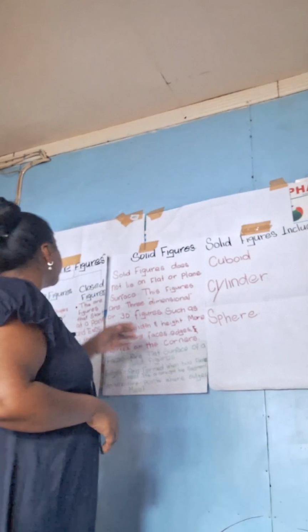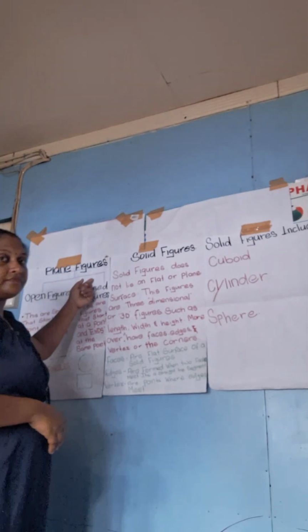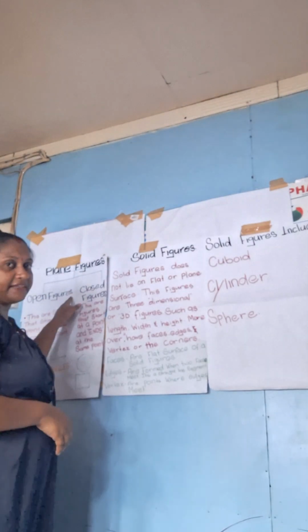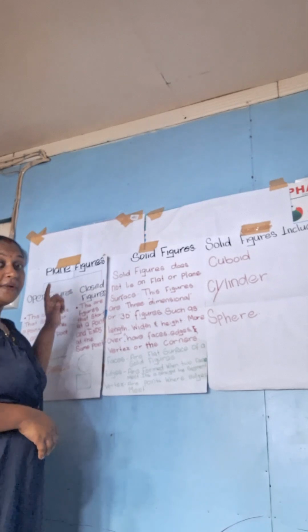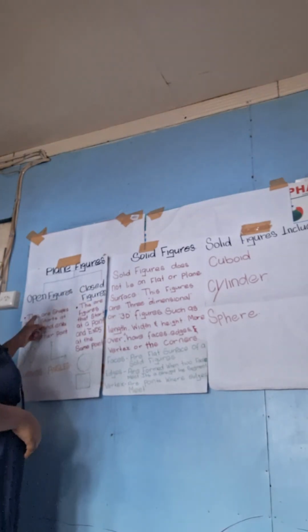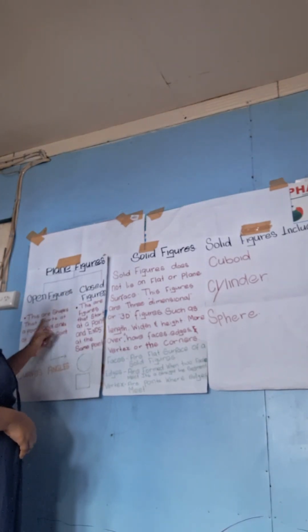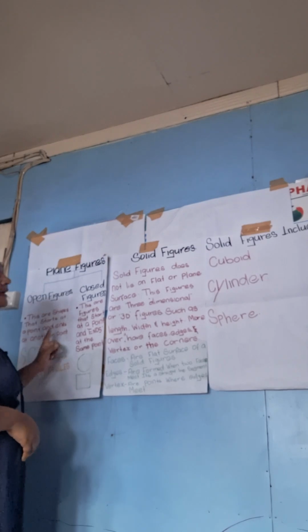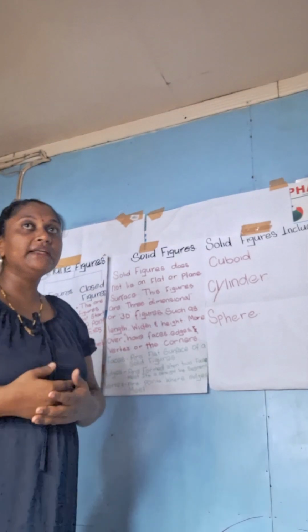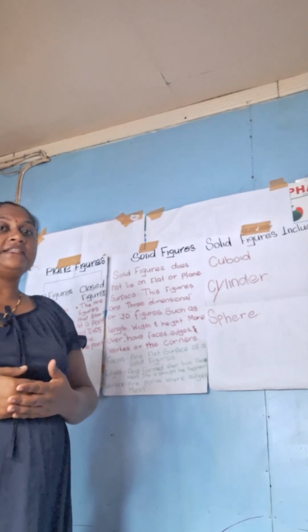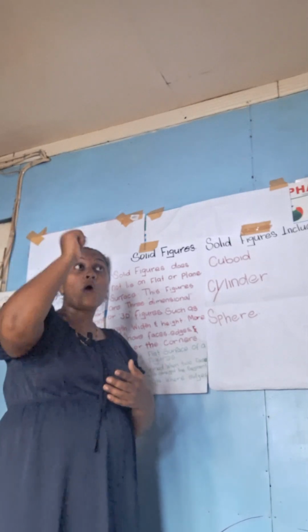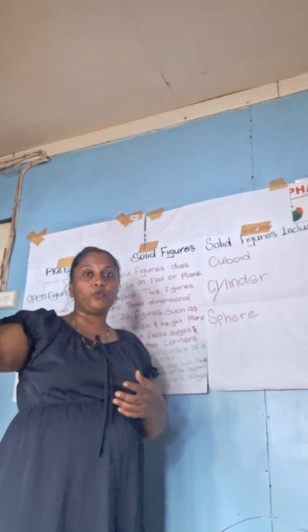Open figures, what is an open figure? Open figures are shapes that start at a point and end at another point. They can be drawn from one point to another point.